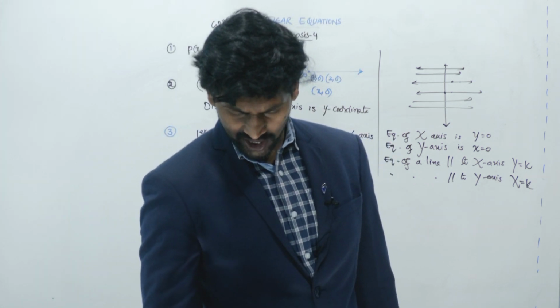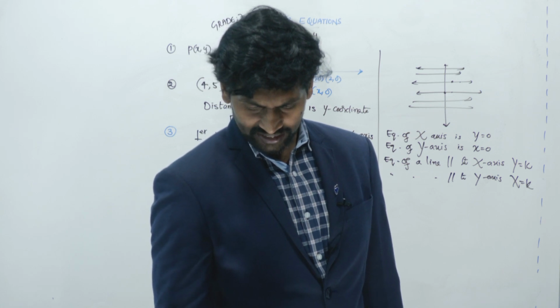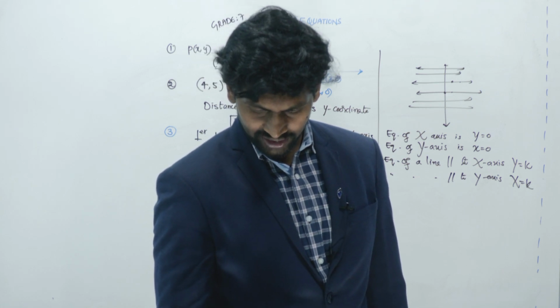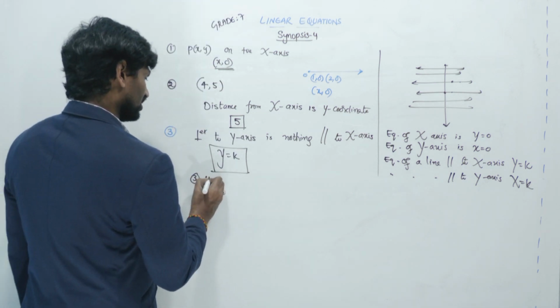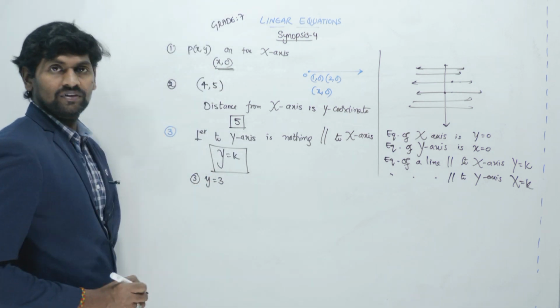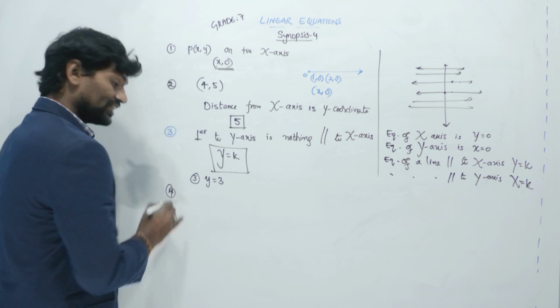In the given answers, we have x equal to 5, y equal to 3, x equal to 3. So the third option, y equal to 3, is our suitable option. Okay, now let us go to question number 4.